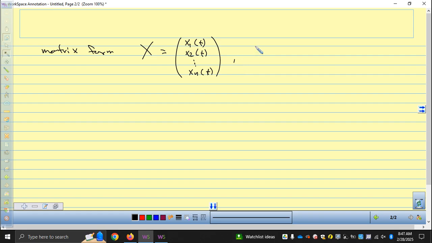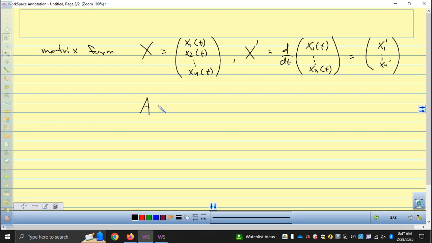X prime is the derivative of this, and that is just x1 prime to xn prime. I'm dropping the t notation here.